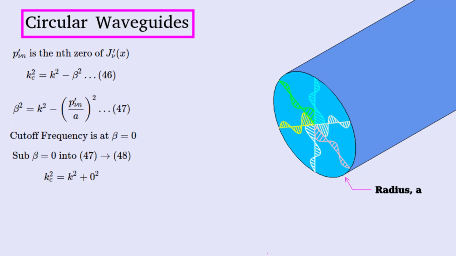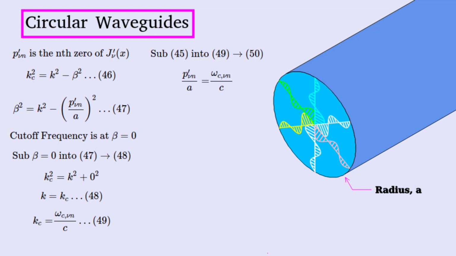When we substitute this condition into this equation, we'll get this equality, that K is the cutoff wave number corresponding to the cutoff frequency. And this is how the cutoff wave number is related to the cutoff angular frequency in radians, c being the velocity of light.